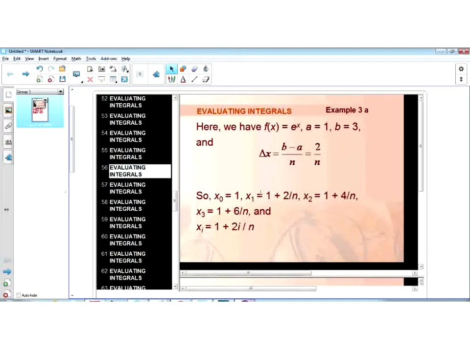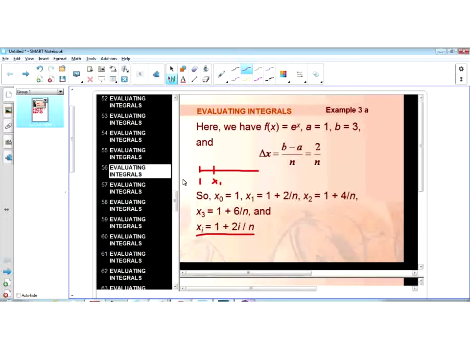Looks like we're going to use the left Riemann sum here, the left sum. So a is equal to 1, so they take x naught to be 1. x1 would be 1 plus delta x. x2 would be 1 plus 2 delta x. x3 would be 1 plus 3 delta x. xi would be 1 plus i delta x.